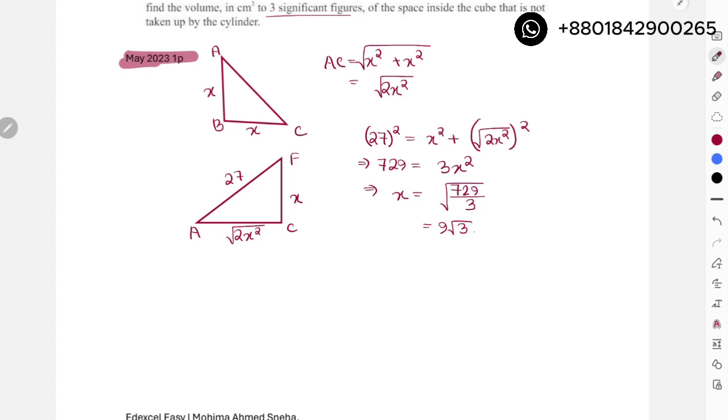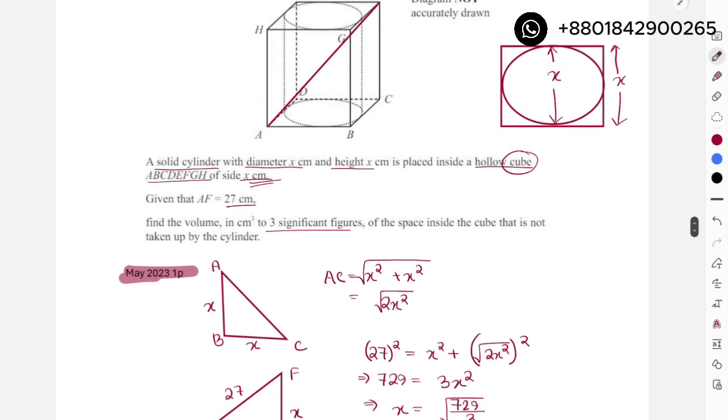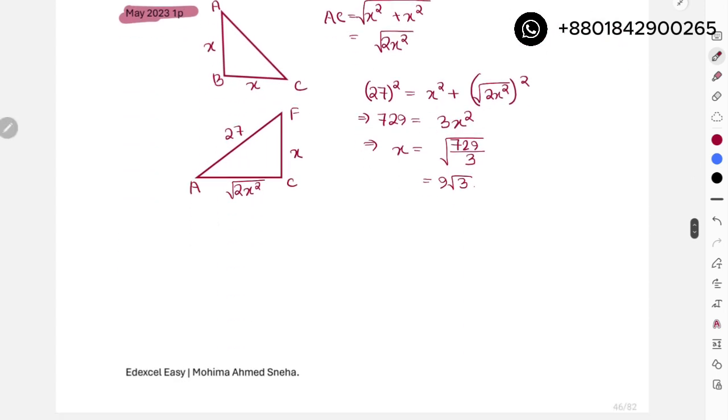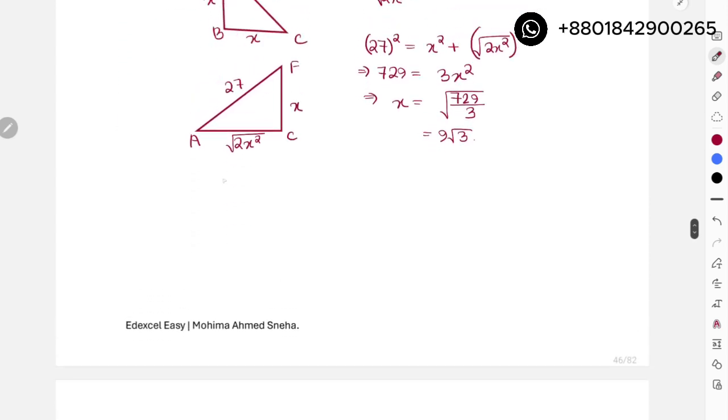Now that we have the value for x, we can easily find the volume of the cylinder and the volume of the cube. The leftover volume is basically the volume of the cube minus the volume of the cylinder. For the volume of the cube, you just have to use length cubed, because every dimension has the same length x.